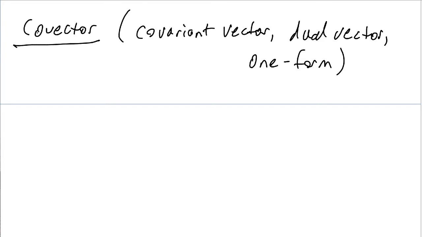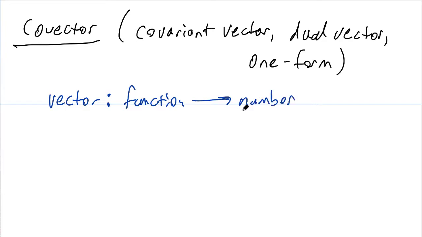How is it defined? Well, let me first repeat our definition of a vector. A vector is an operator that maps a function to a number. A covector is an operator that maps a vector to a number.